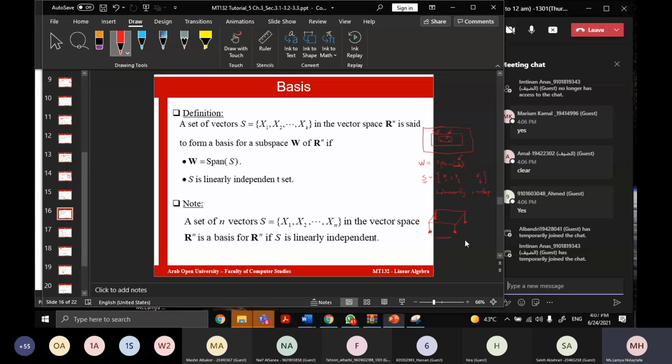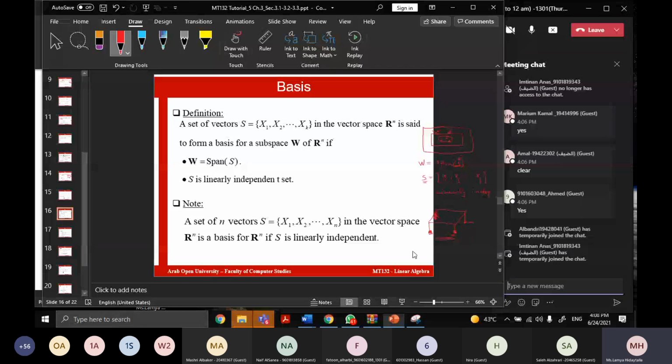No one of them can act in the place of another. Can this three act in the place of this, and can I remove this? No. Clear? This is just for comparison, to make things to some extent clear, and you can remember it with this.